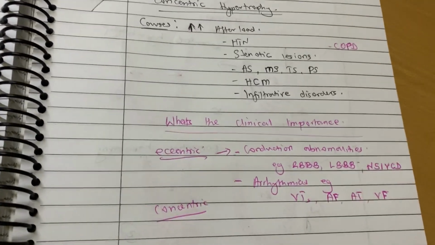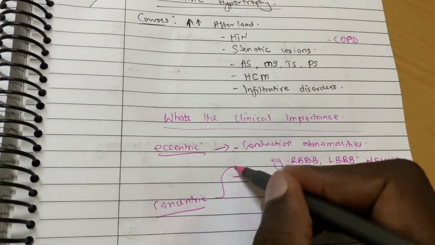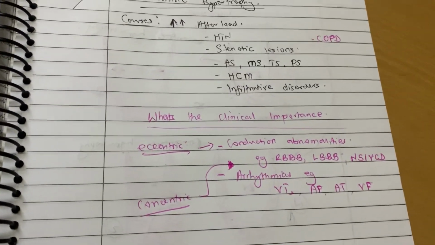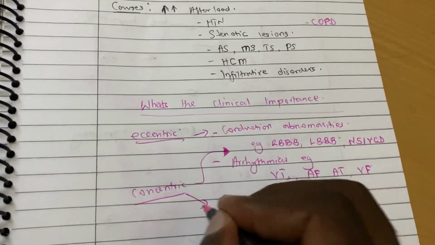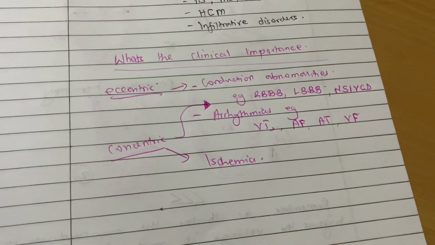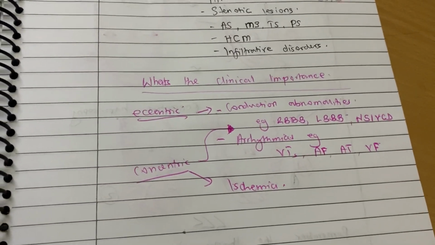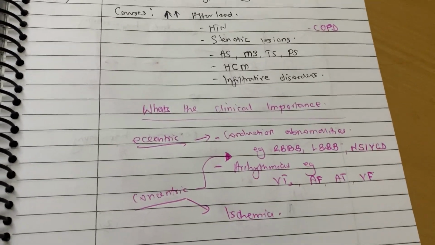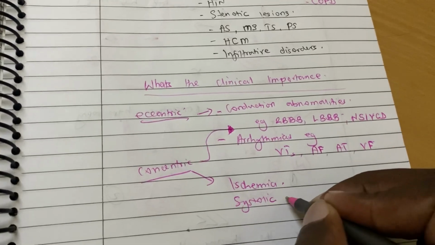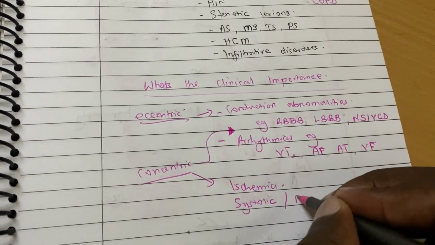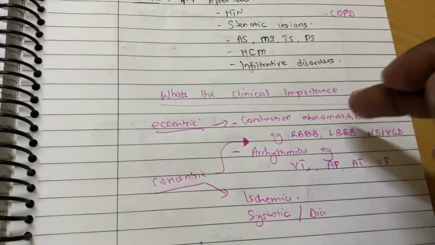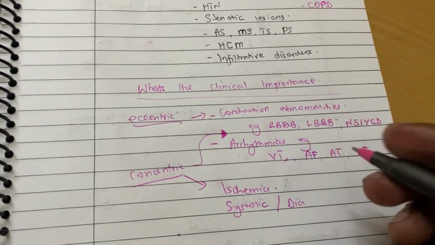Concentric is also going to cause the same things. But this one can also cause ischemia, and then systolic dysfunction, or diastolic, most especially diastolic dysfunction for concentric, then systolic dysfunction for eccentric.